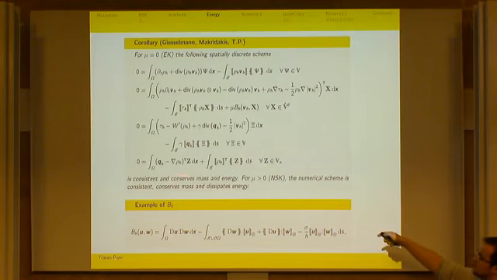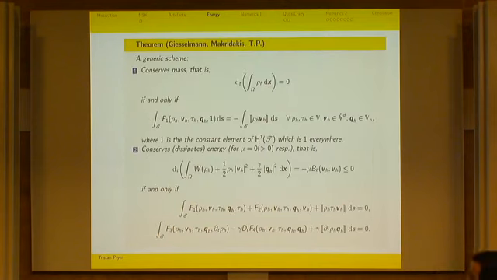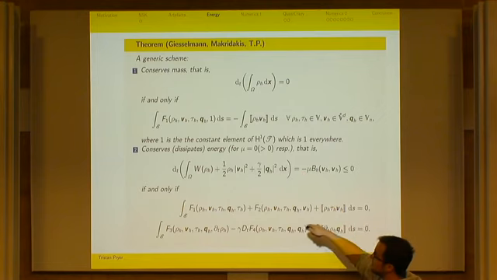The point is that if you have no diffusion in your model, which isn't necessarily a good idea, the energy identity from the previous slide tells me that energy is conserved.